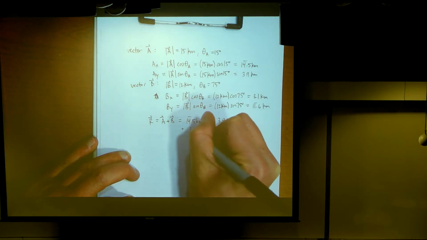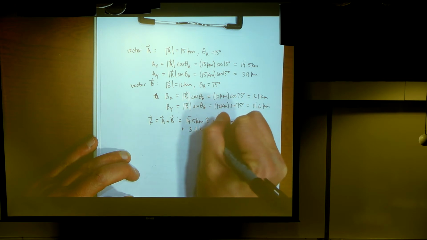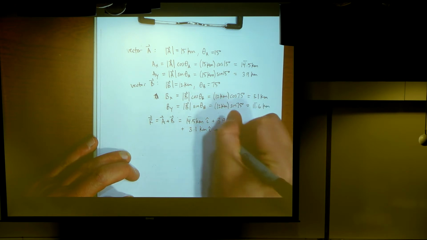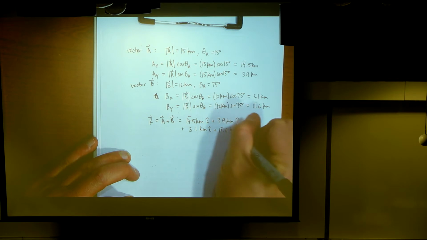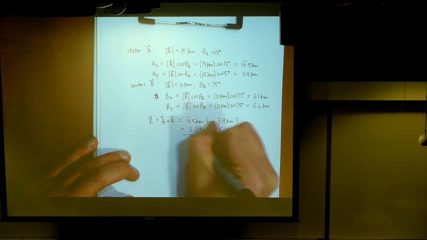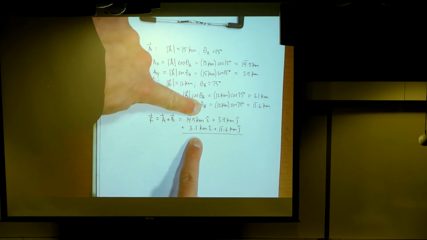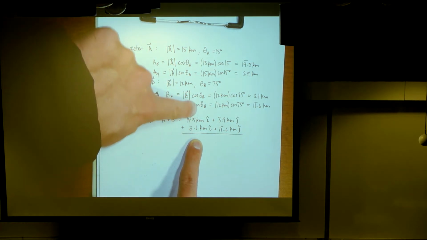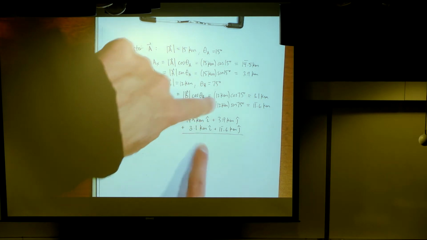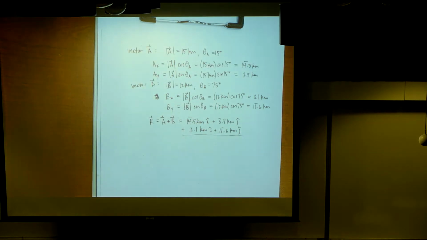So what do we have? We have 3.1 kilometers i hat, and then we have 11.6 kilometers j hat. So now you can do a straight calculation of the sum to get the overall x component here, and to get the overall y component here.